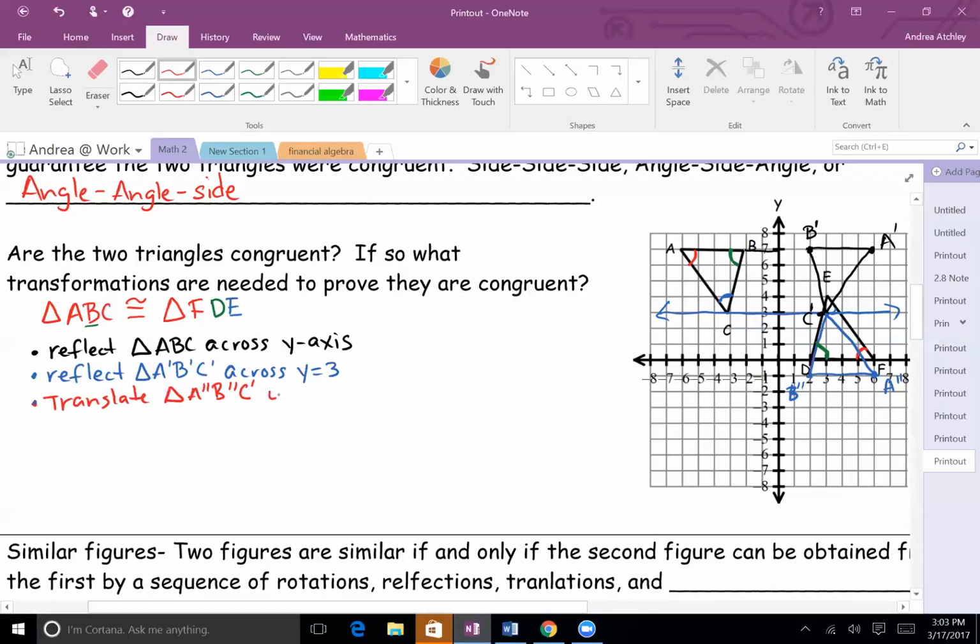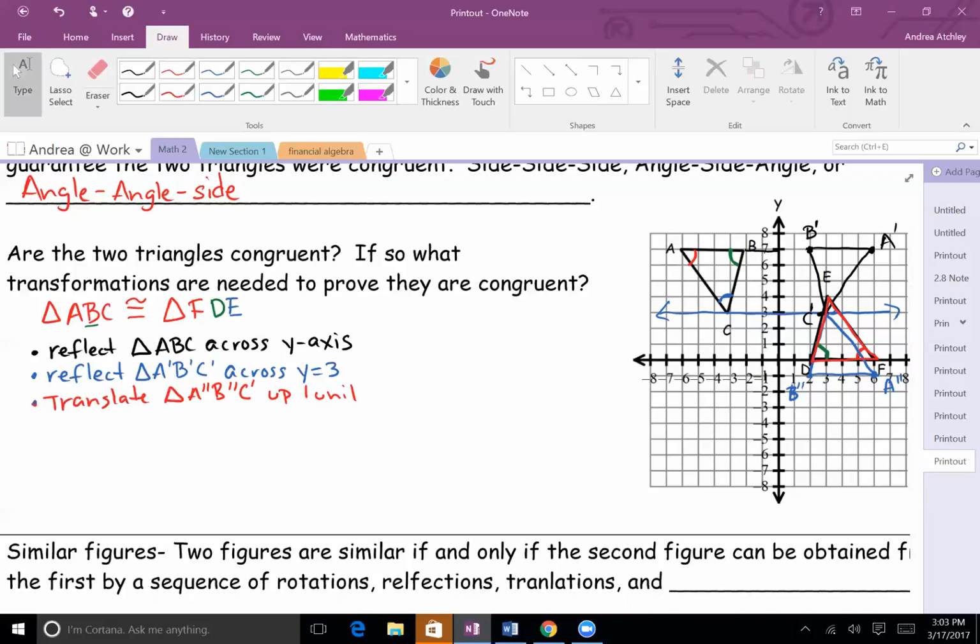And we're just going to translate it up 1 unit. And now it should lie right over triangle FDE. That proves that those two triangles are congruent.